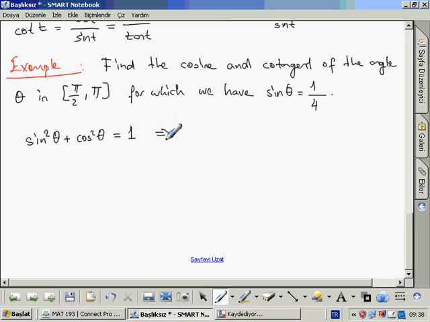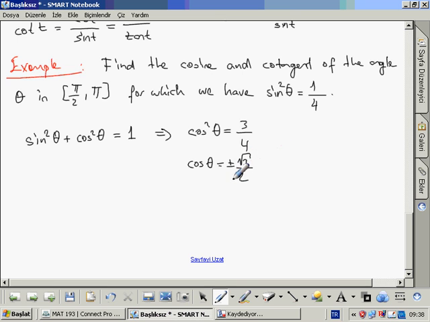So from here you can say cosine square theta equals 3 over 4, and from here cosine theta equals minus or plus square root of 3 over 2.